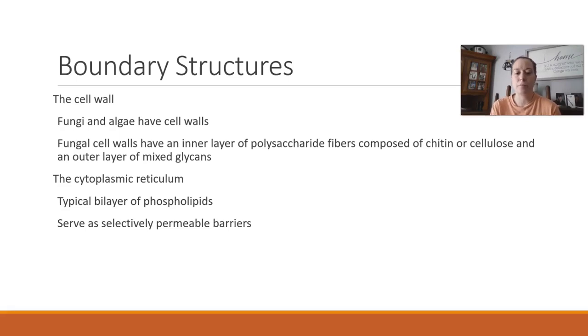They have an inner layer of polysaccharide fibers composed of, I hope this is how I say it, chitin or cellulose, and an outer layer of mixed glycans. Onto the cytoplasmic membrane. It's got a typical bilayer of phospholipids, and it serves as a selectively permeable barrier.